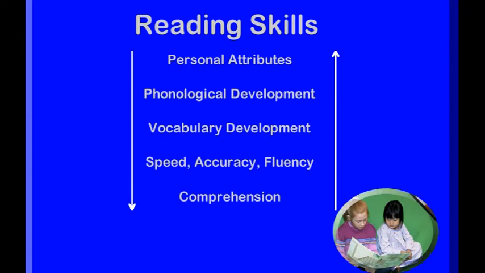In the teaching of reading, the teacher is particularly concerned with personal experiences of the child with print, phonological abilities, oral and reading vocabulary development, accuracy, fluency, and comprehension. When severe deficits occur in any of these attributes, teachers may need to involve additional professionals in the diagnosis of causal factors.